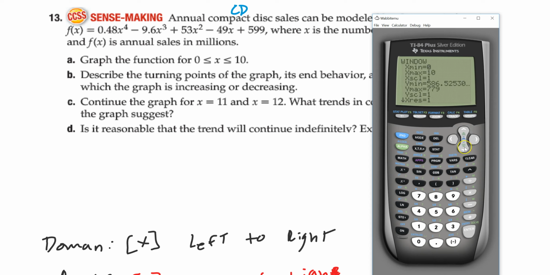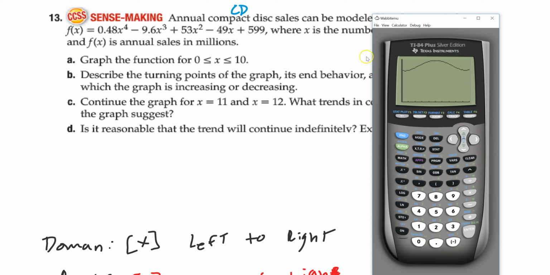I'm going to fix my window, 0 to 10. It still works, they're just really high up there. If you look at the window, look at your Y. It's going all the way to like 800. Let's go 0 to 800 so you can see the scale a little better. So the sales are all the way up there. That's why I couldn't see anything.